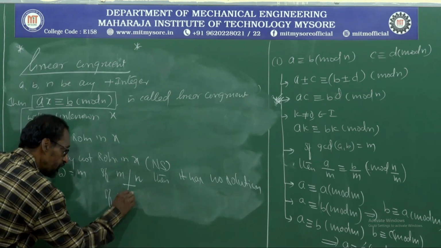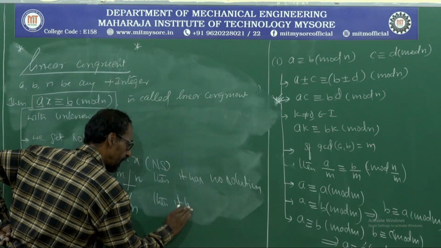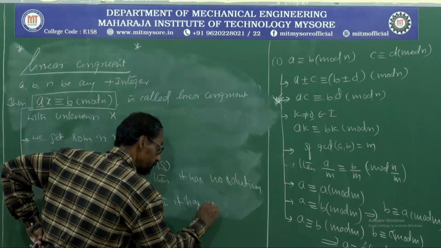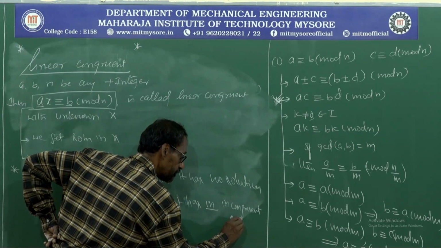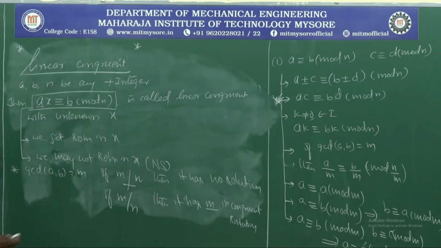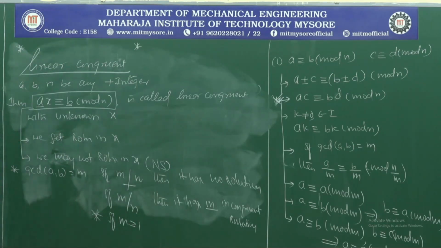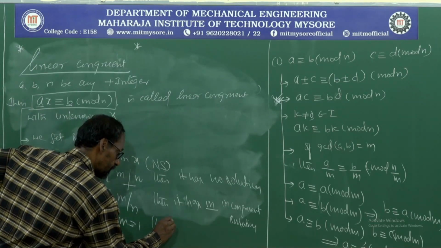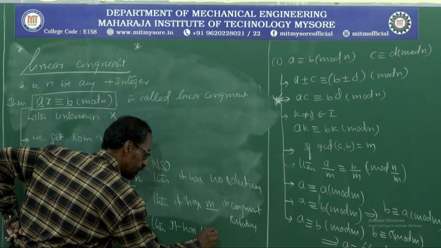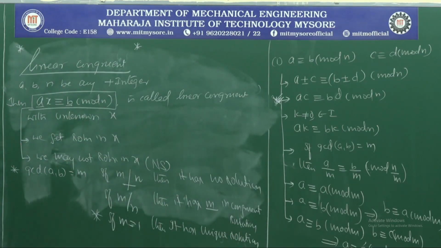If M divides n, then it has M incongruent solutions. And a very typical case: if M is equal to 1, that is GCD of A comma B equal to 1, that is, relatively prime, then it has a unique solution. So this is a linear congruence expression.